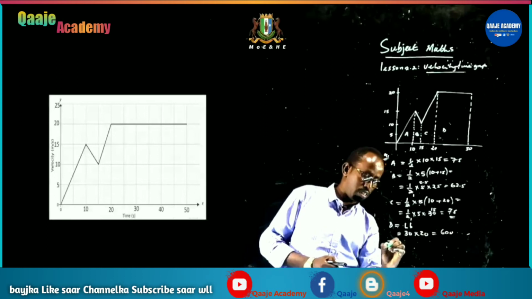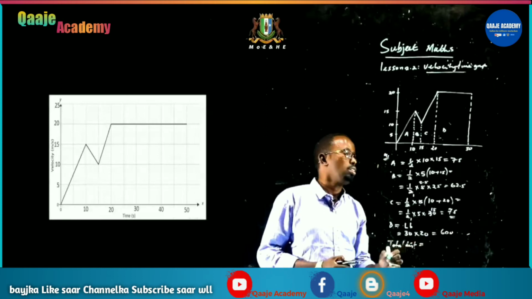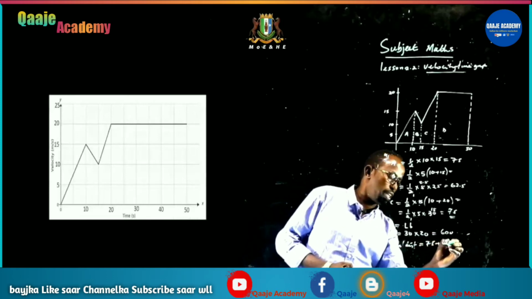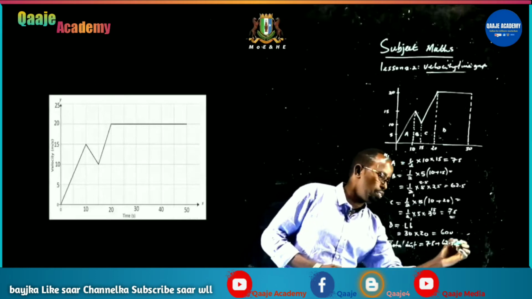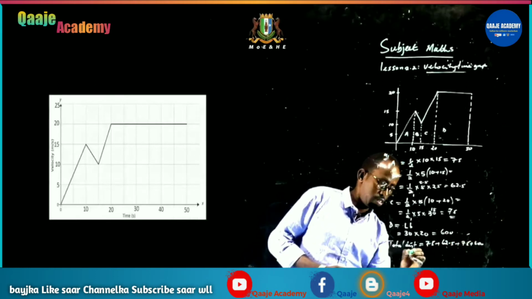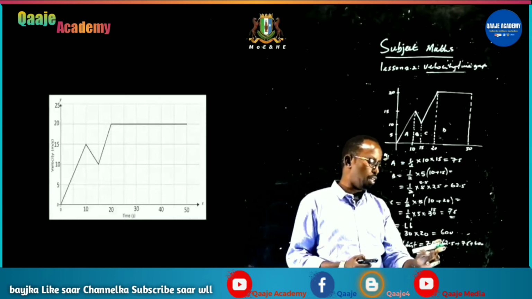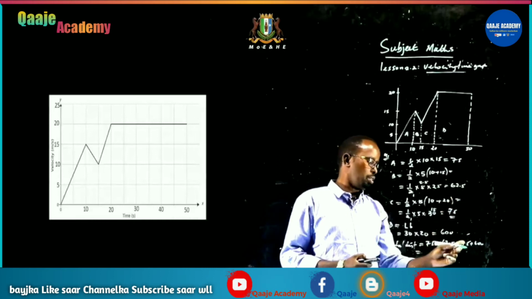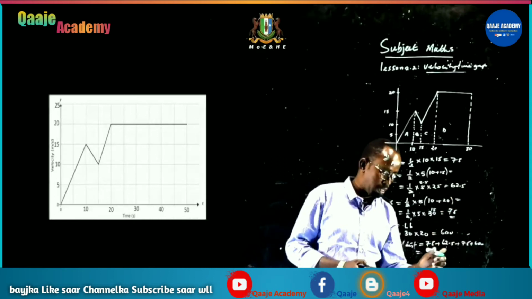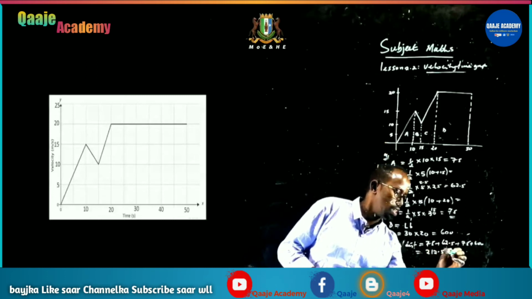So total distance covered will be 75 plus 62.5 plus 75, and then plus 600. You get 137.5, plus this one will be 212.5, plus 600.